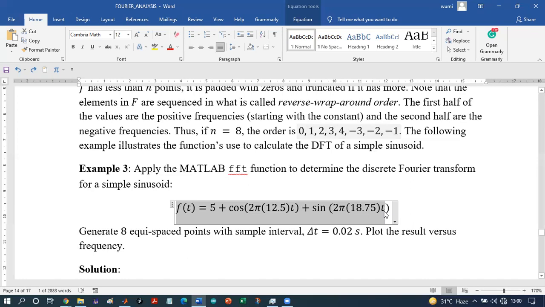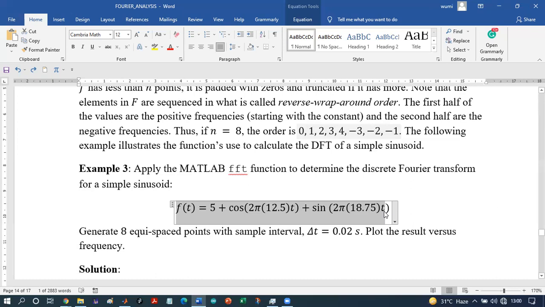So t is time. That means the next one is 0.02, the next one is 0.04, the next one is 0.06, the next one is 0.08, 0.10, 0.12, 0.14.